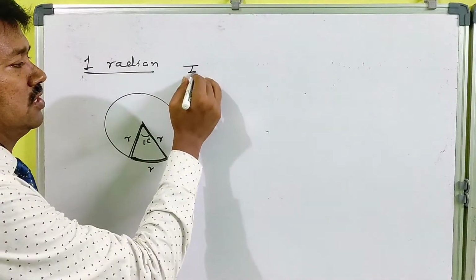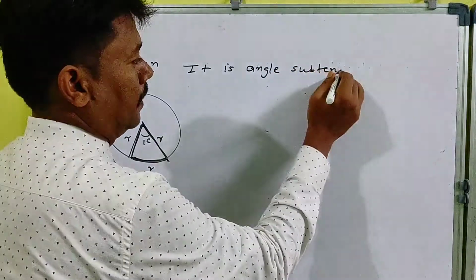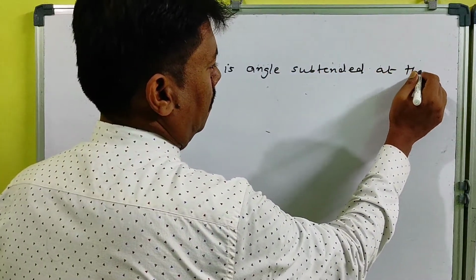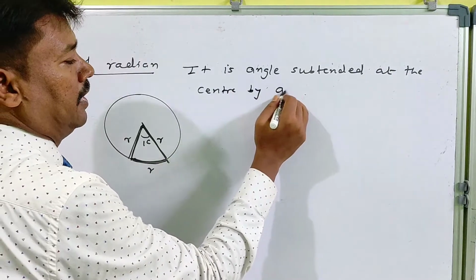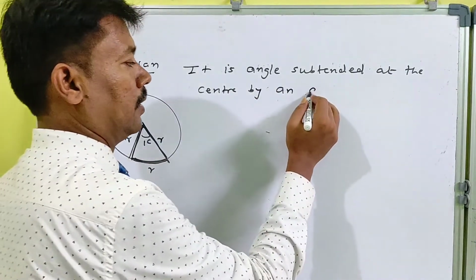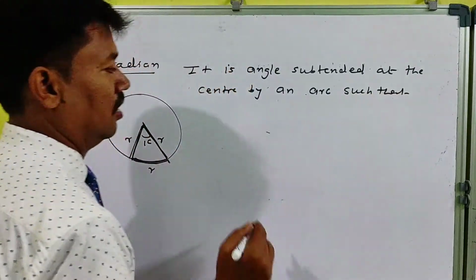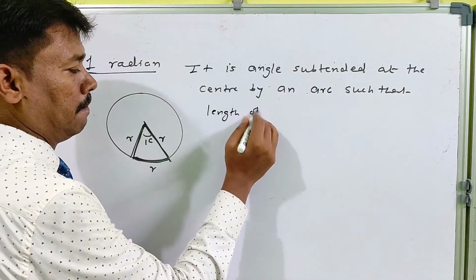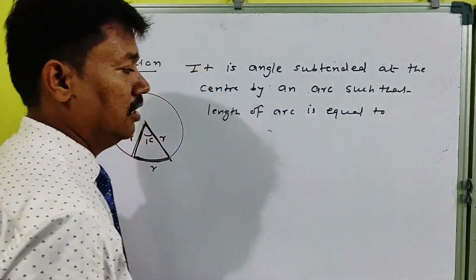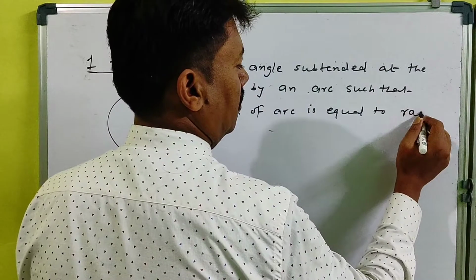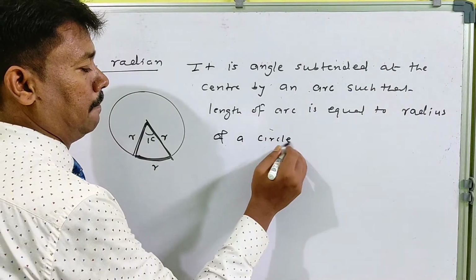What is the definition? It is the angle subtended at the center by an arc such that the length of the arc is equal to the radius of the circle.